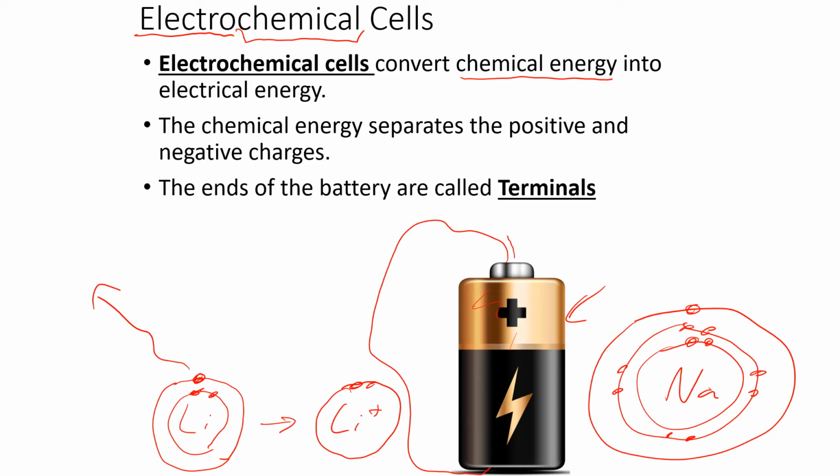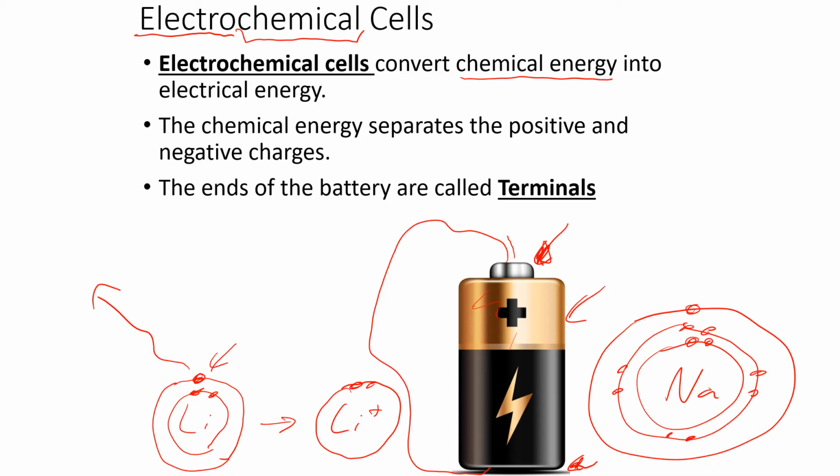In electrochemical cells, chemical energy separates the positive and the negative charges. So in other words, essentially your electrons, and the ends of the battery, what we would normally call a battery, are called terminals. So this is one terminal, and then down here is another terminal for this type of battery.